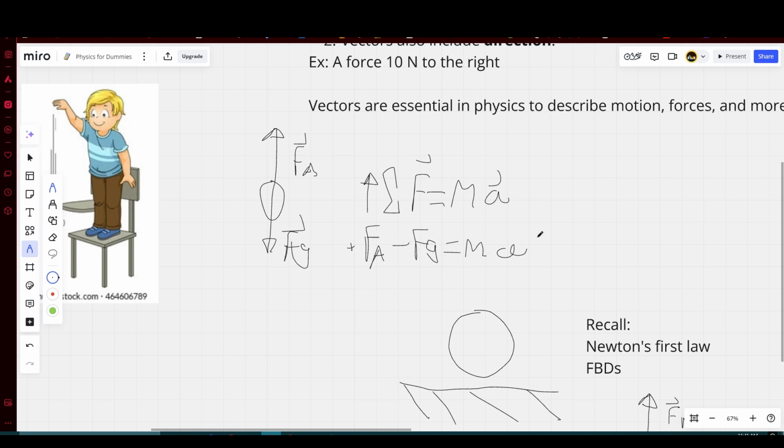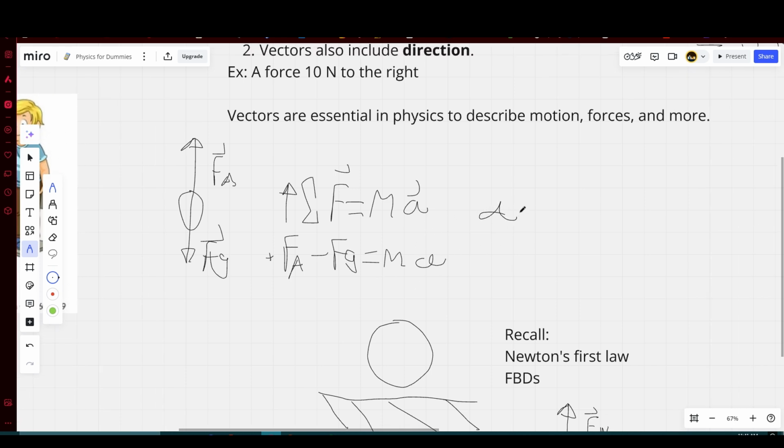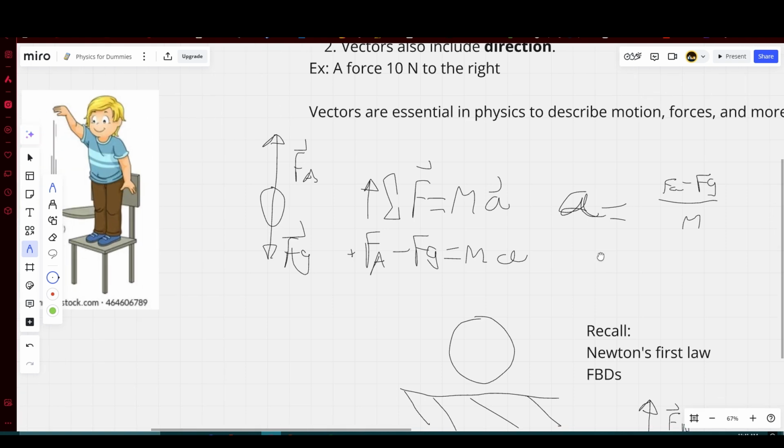And if you wanted to calculate the net acceleration, you would just divide both sides by m to give FA minus FG over m equals the acceleration, well, the acceleration magnitude as a scalar. Although if you want to write it as a vector, you would add the vector sign, then write up depending on its value because it's accelerating upwards.